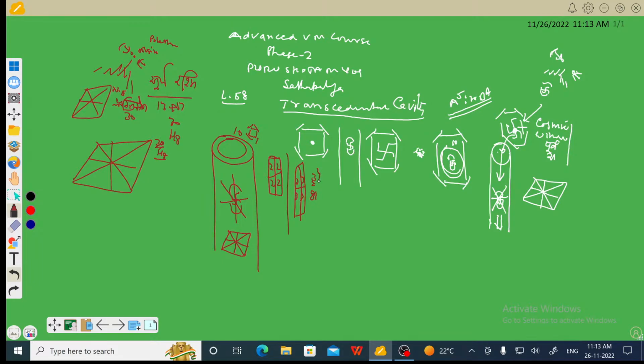The transcendental cavity of 10 components, each having a seal, transcendental seal, there is a retention of 21 TCV units, and 21 multiplied by 10 is equal to 210.